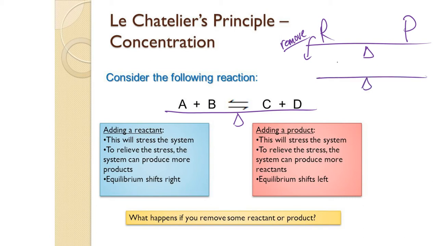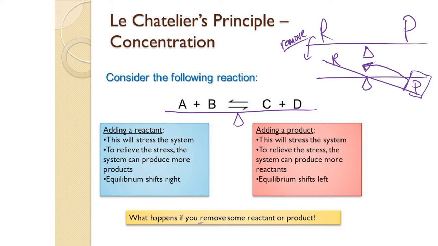Then all of a sudden you're going to be out of balance. So how does that system get back into balance? It gets back into balance by taking some weight from the right-hand side and shifting it to the left. If it shifts to the left, it's going to make more of what we took away. So always try and focus on how we undo what we just did.